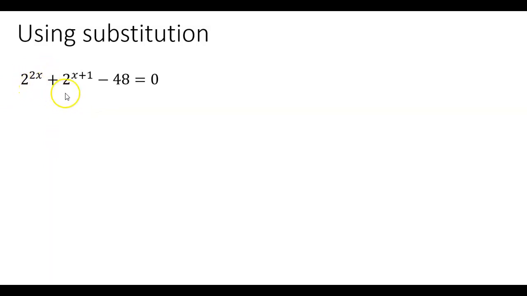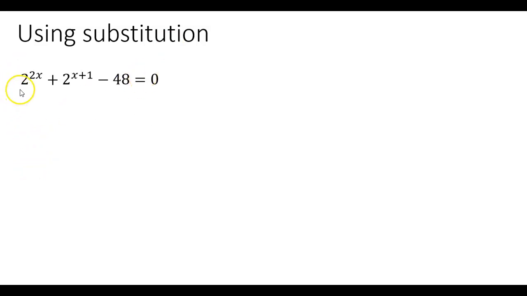We have 2 raised to the 2x plus 2 raised to the x plus 1 minus 48 is equal to 0. It's not easy to see, but this kind of looks like a quadratic, right? And if we can find something that we can substitute for a variable and turn it into a quadratic, that's what we want to do.